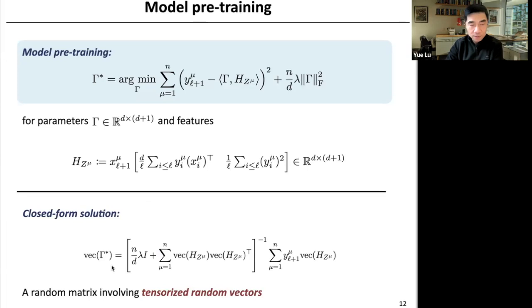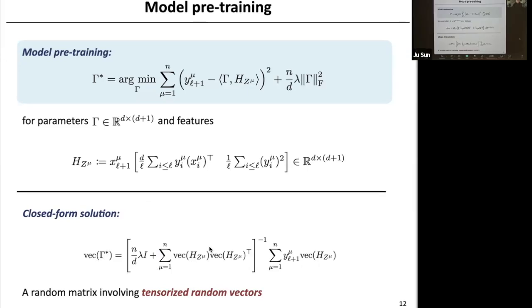After training, the optimal parameter, which we call gamma star, is itself a matrix, but we can vectorize it into a vector and write it in this form. And here, this matrix inverse is just one of the so-called resolvent matrices.